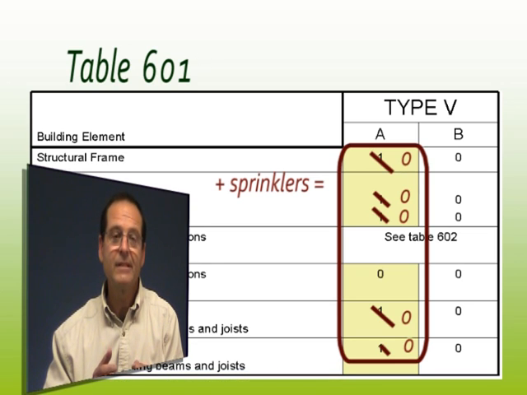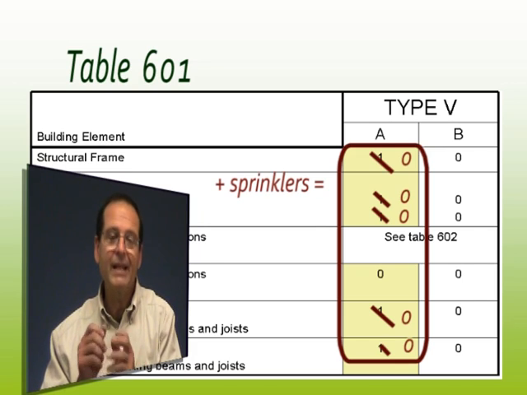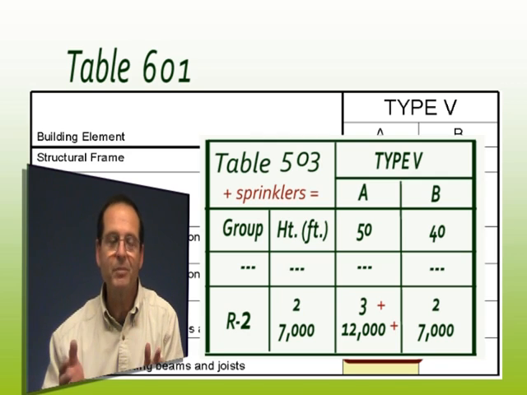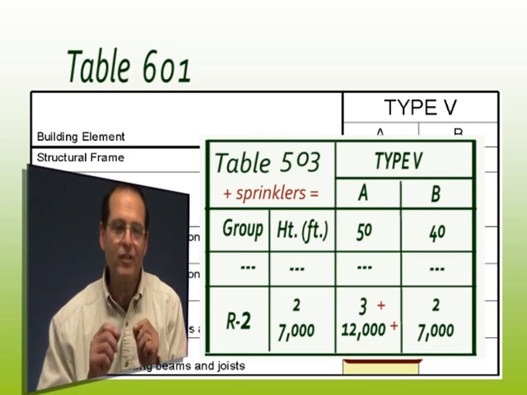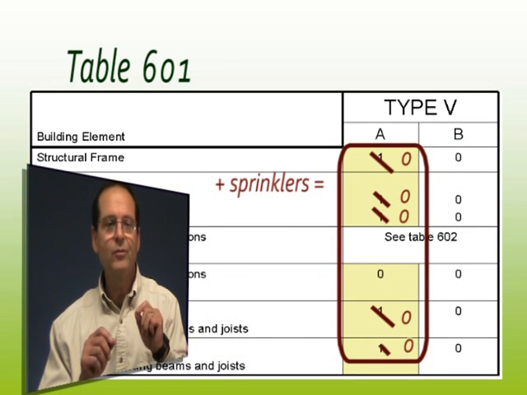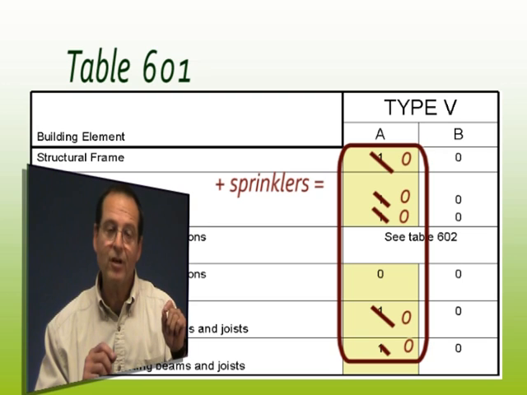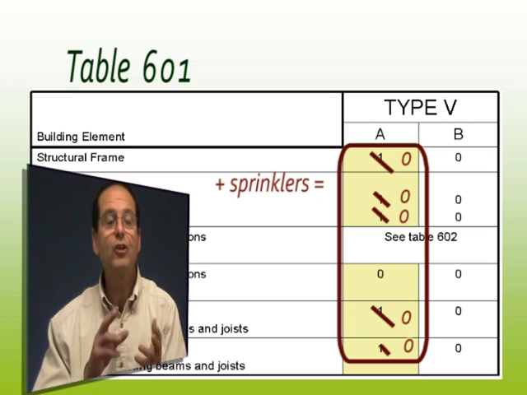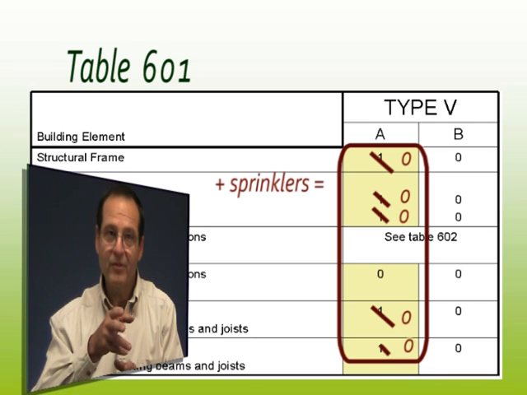Now, there's another piece here which I'll mention again in passing, but this is why it's so critical to understand all the various footnotes and pieces: if we had used the sprinklers to increase the square footage, which was allowed on that prior chart, or if we used them to increase the number of stories, then we couldn't use them simultaneously to reduce these numbers here.